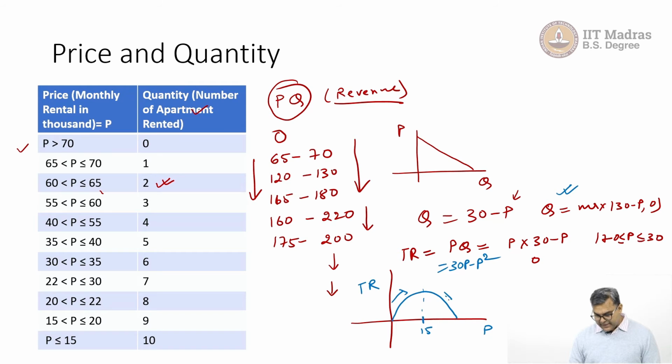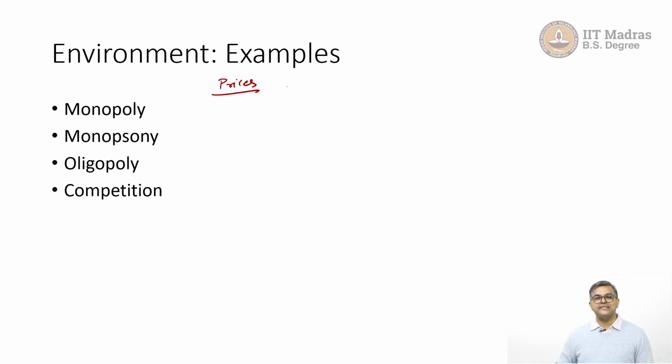So, what we see, it is going up, then it is coming down. In this particular case, the apartment owner is able to decide what the price is going to be, and in the example that we had seen with Q equal to 30 minus P, the apartment owner will decide that P is going to be 15 because it would maximize revenue.